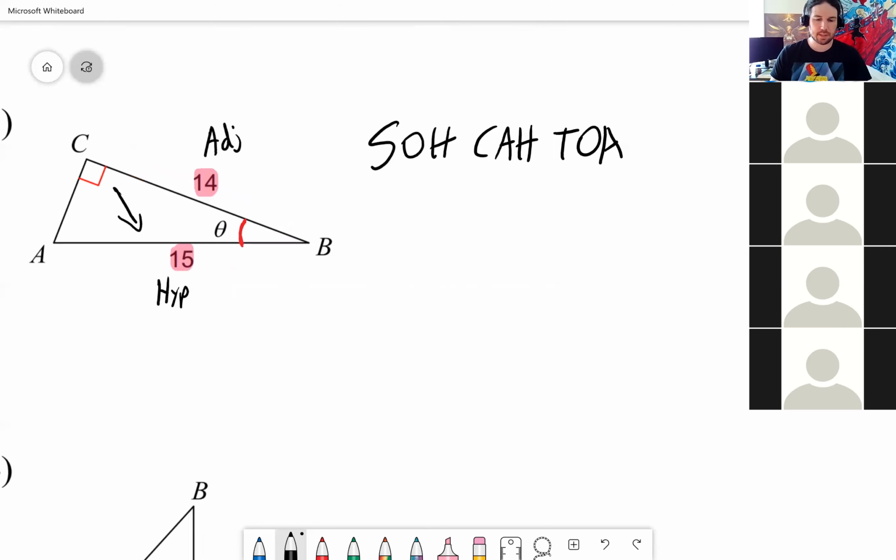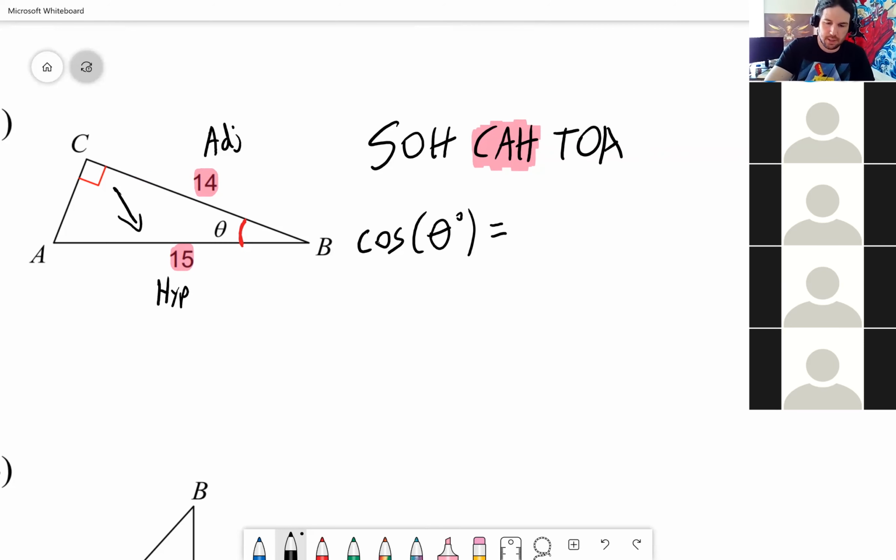Hopefully while I was jabbering there, you figured out that the one that we're using is the one with adjacent and hypotenuse, which is cosine. But again, it has to be cosine of some angle, and we don't know what that angle is. It's cosine of theta degrees equals adjacent over hypotenuse.